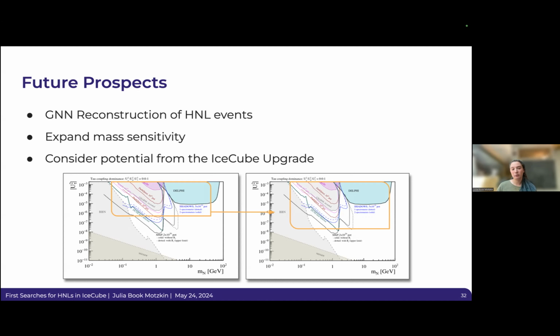But we're going to expand our simulation to accommodate those masses, and so we're going to be able to push further, not only down in this direction, but also in this direction. And finally, the IceCube Upgrade, which is anticipated in the next 5 to 10 years, is going to create more detector infill. It's going to make our detector a little bit more densely packed, which is going to lower the energy threshold for the detector overall, and help us address some of those fundamental detection challenges.